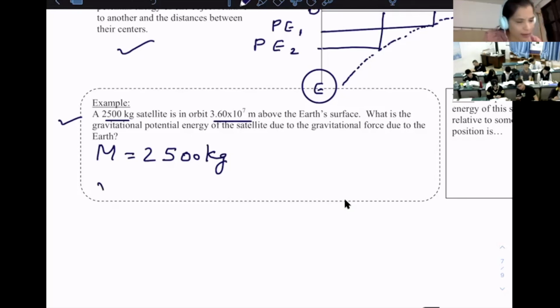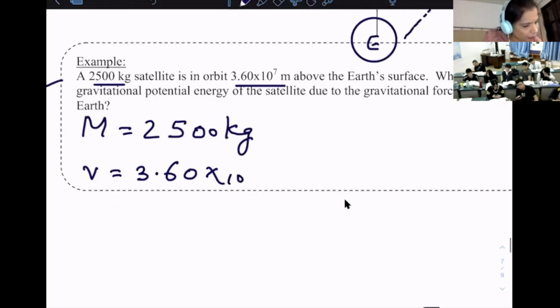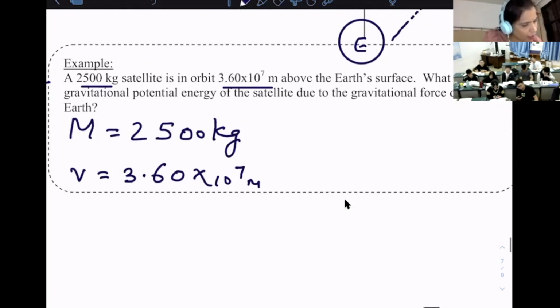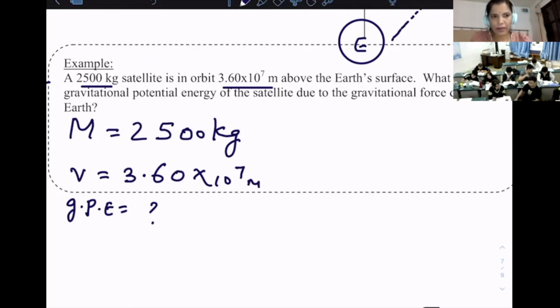So that's R, 3.60 times 10 to the power of 7 meters. What is the GPE? Is it easy?